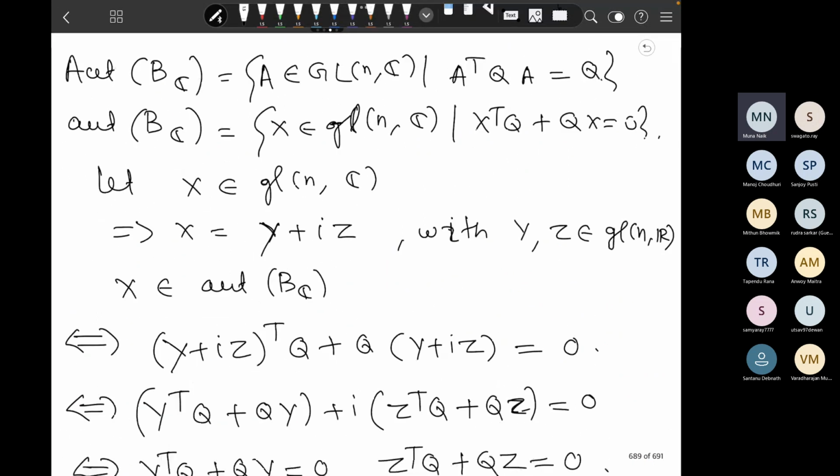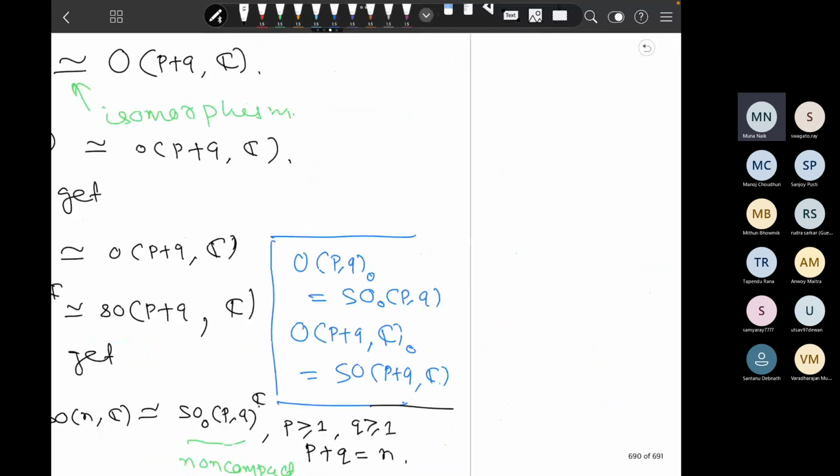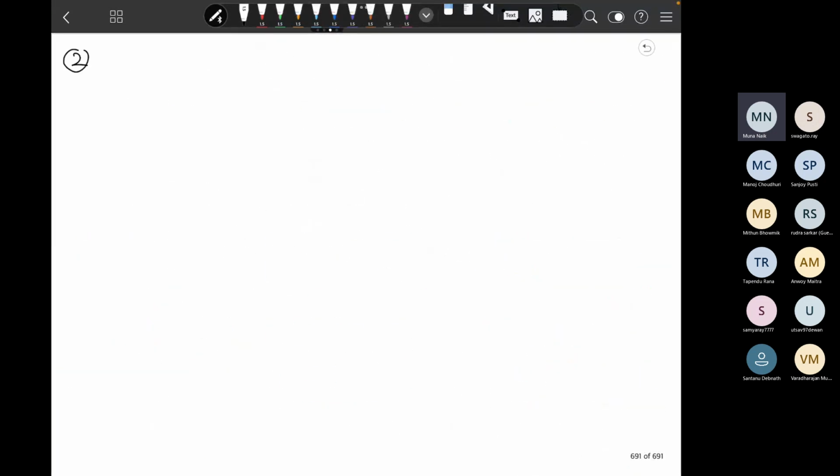So the next example, the next application, is important. If you look at this, Sp(2n,R)^C is really Sp(2n,C). And what is the matrix Q here?